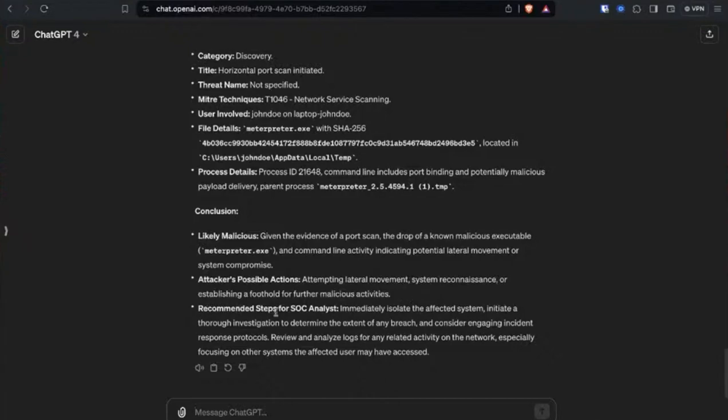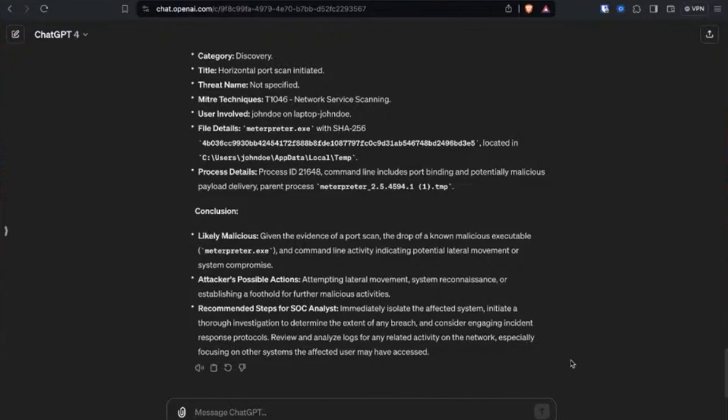And then recommended steps for the SOC analyst: immediately isolate the affected system, initiate a thorough investigation to determine the extent of the breach, and consider engaging incident response protocols. Review and analyze logs for any related activity on the network, especially focusing on other systems that the affected user may have access to. And that is all perfect.